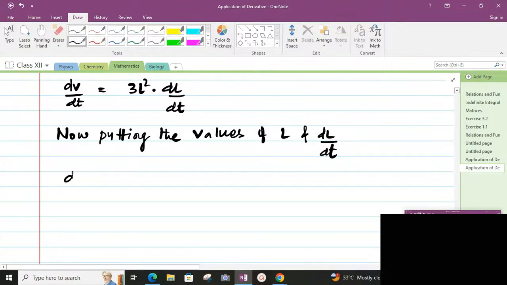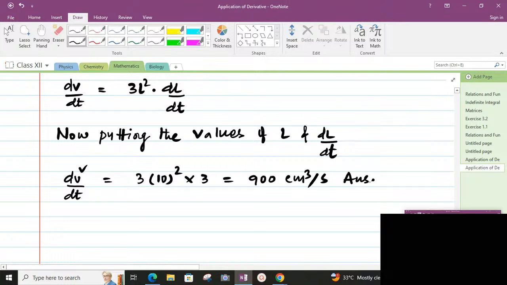So here dV by dt equal to 3 into 10 square into 3. Then we get here 100 into 9 equal to 900. The unit of V is cube centimeter per second. So this one will be the answer.